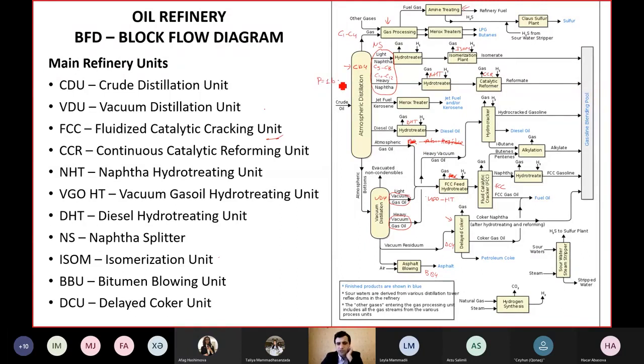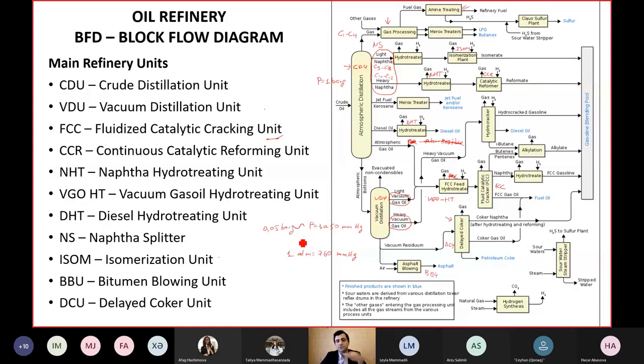And when it comes to here, the pressure is around, let's say, 30 to 50 millimeter mercury. As you know, 1 atm is 760 mmHg. In this case, the 50 is around 0.05 bar G.